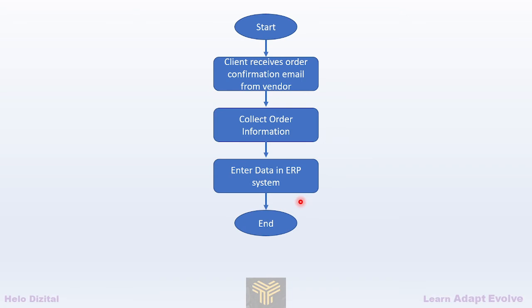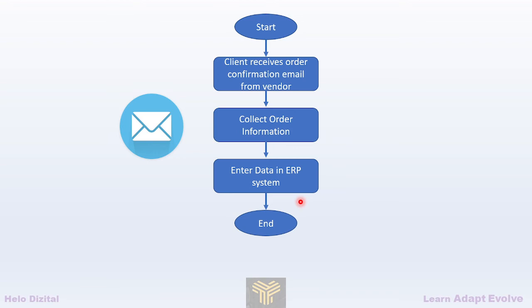So in this example, the first action is an event-based trigger, which means whenever an order confirmation email arrives in the mailbox of the client, the next sequence of actions will be performed. In the next action, the bot will read order details from Outlook using inbuilt Outlook activities, which are simple drag and drop activities provided by the RPA software.